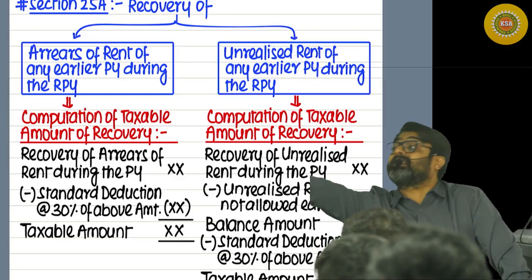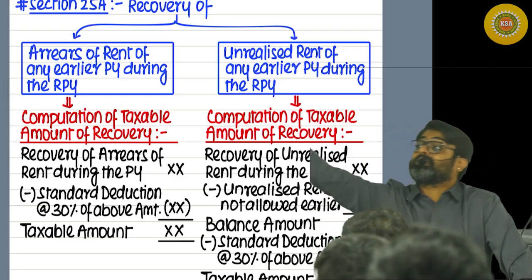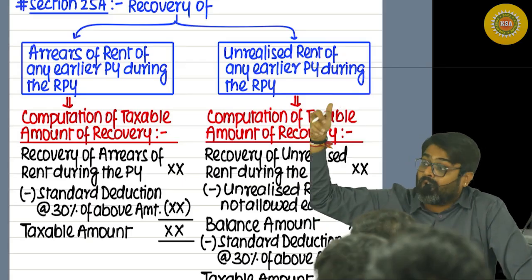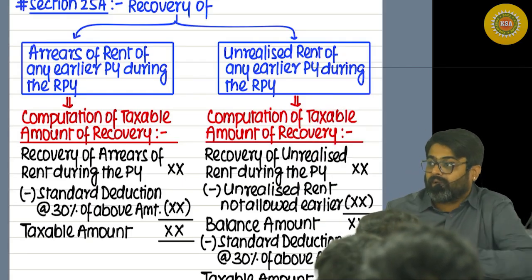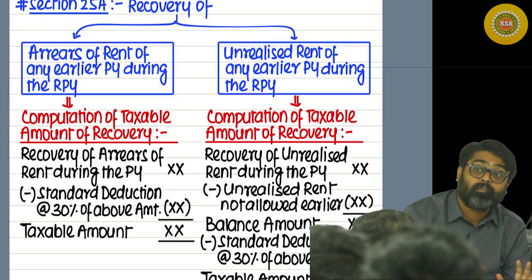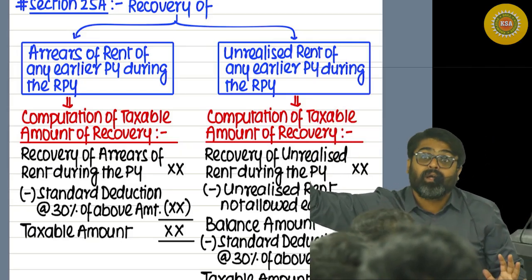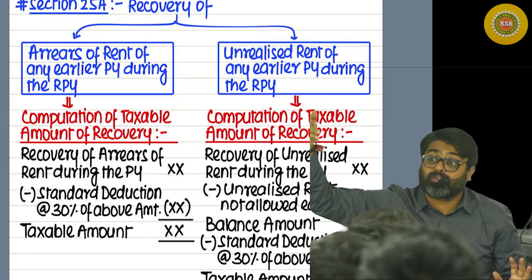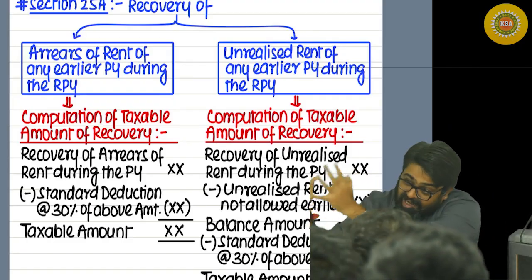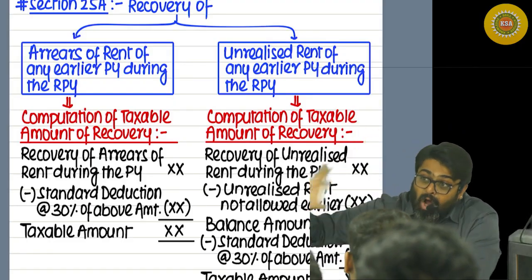If the unrealized rent which you are recovering right now was entirely allowed, that entire amount will be taxed. Why? Because it was allowed, it has not suffered tax. But what if that unrealized rent was not allowed?